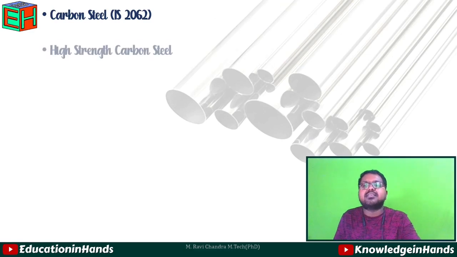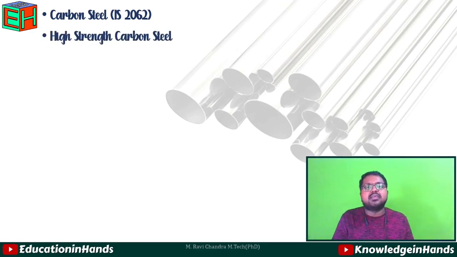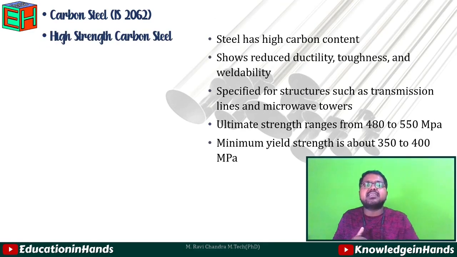Next one is high strength carbon steel. So here carbon percentages are added a little more. Steel has high carbon content. With this high carbon content, the main problem is it reduces the ductility, toughness and weldability of the steel, but it shows high strength.